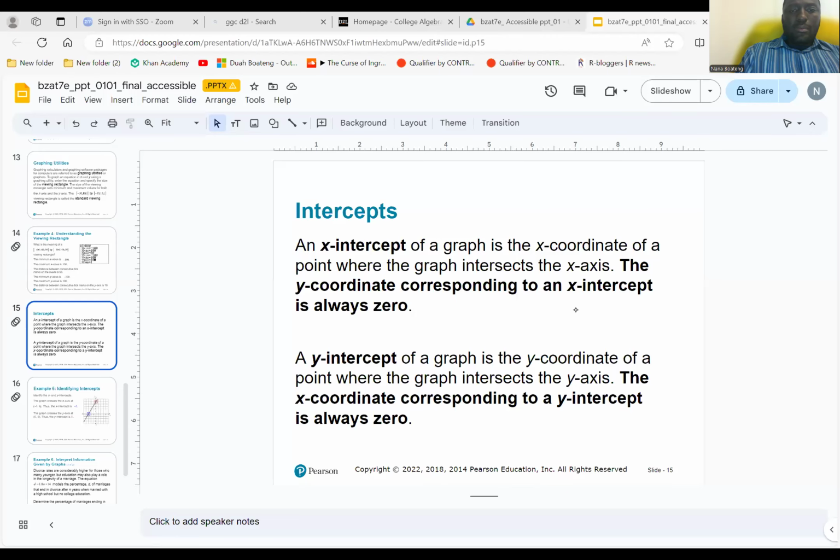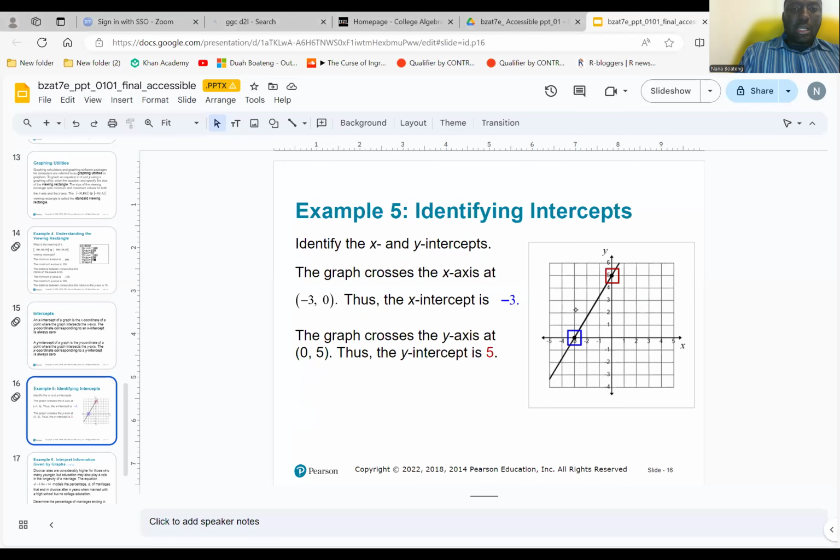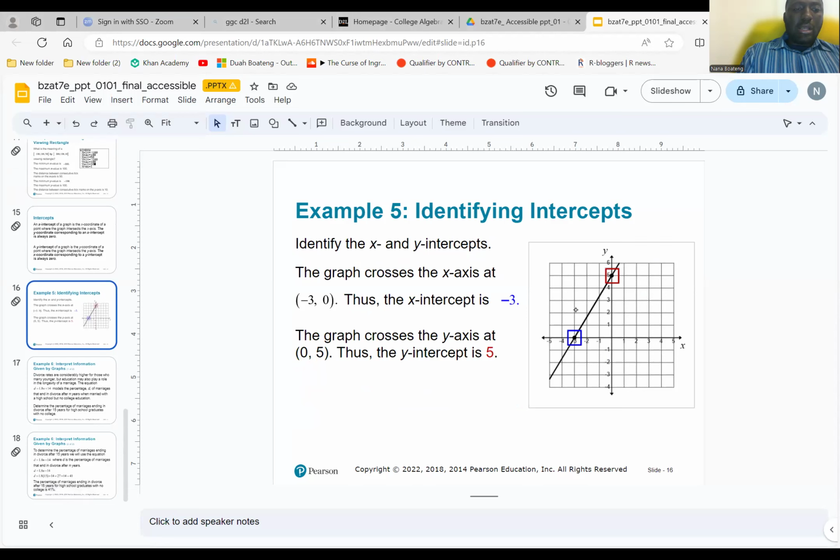Let me go back to the slides again. So that is how we describe intercepts, the x-intercept and the y-intercept. Where the graph meets or intersects with the x-axis, x-intercept, where it intersects with the y-axis is the y-intercept.